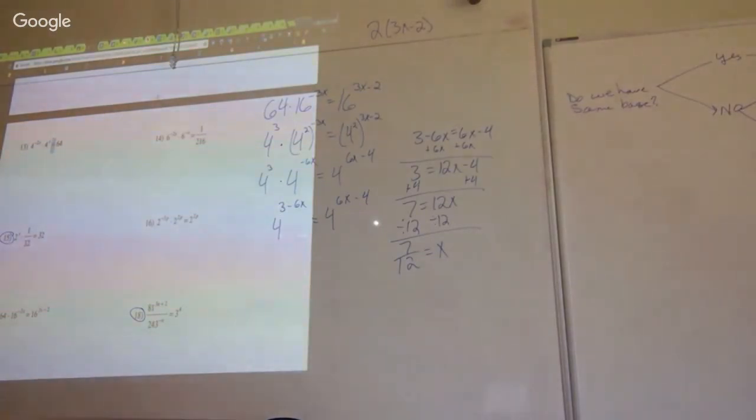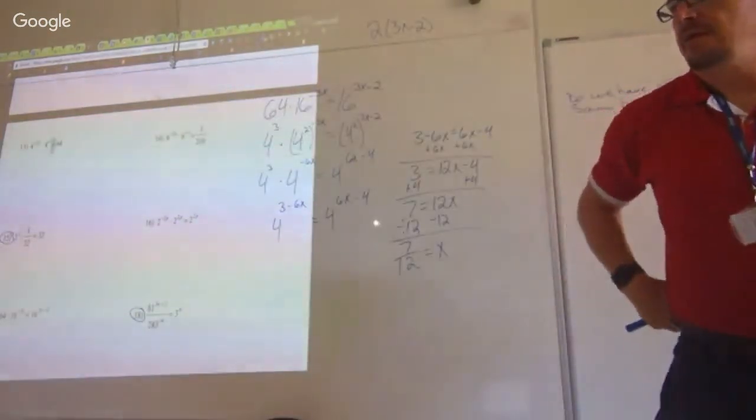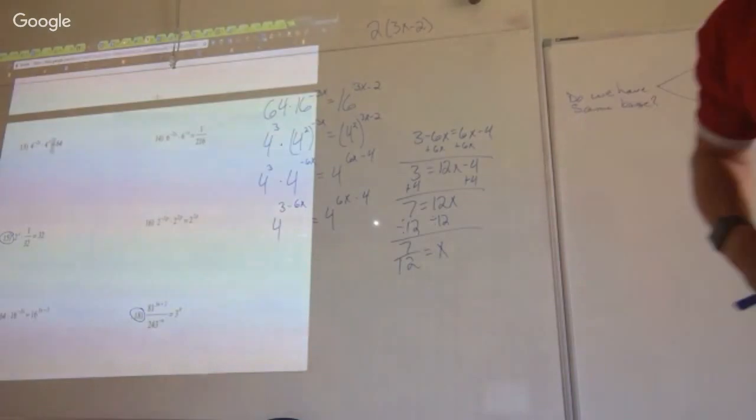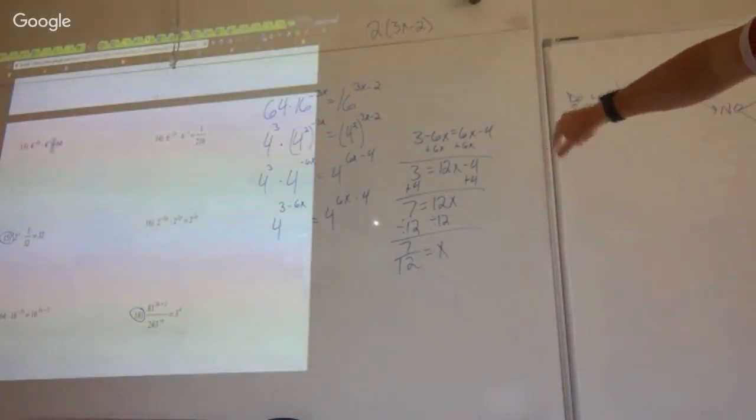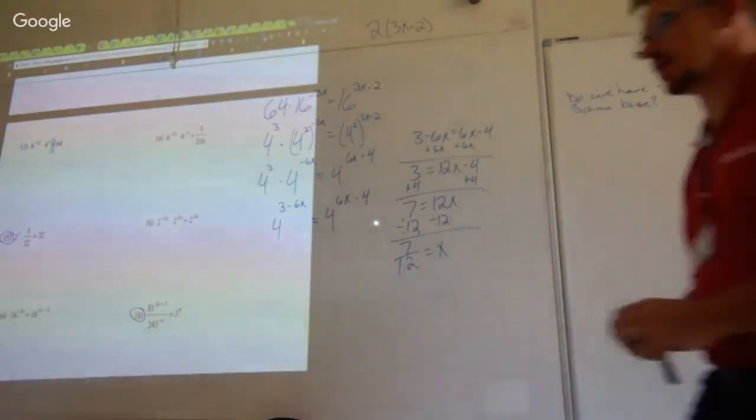Now, here's a little trick. I'm not even going to say that, I don't want to confuse anybody. This one is number 17. I got a different answer. Uh-oh, be careful, let's check this.